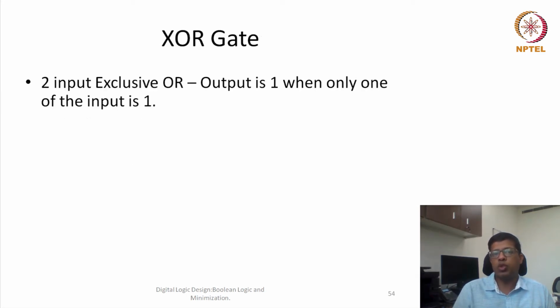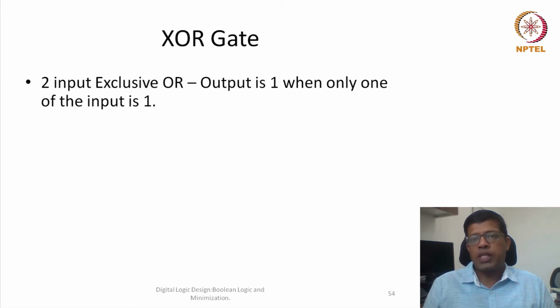One of them is the XOR gate, also called the exclusive OR gate. The basic idea is, let's say there are two inputs. If only one of the inputs is 1, then the output is 1. This is the basic functionality of an XOR gate.